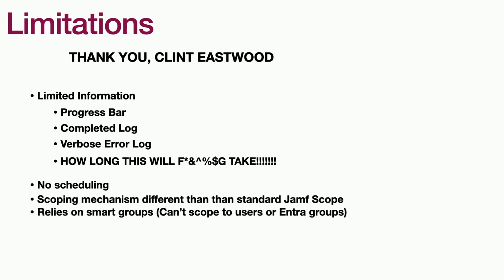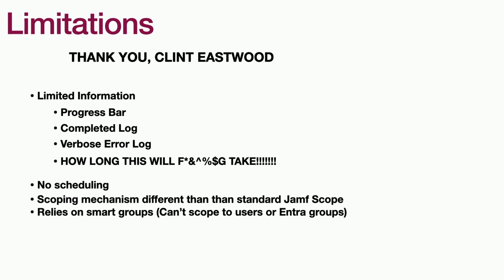Scoping, we already talked about this, but it's a lot different than the standard Jamf scope that you see throughout the UI. Again, please submit feature requests. I'd love to have 100 feature requests or votes come in after here. And keep in mind, for the Mac App Store part of this catalog, you can scope all the way down to an individual machine.